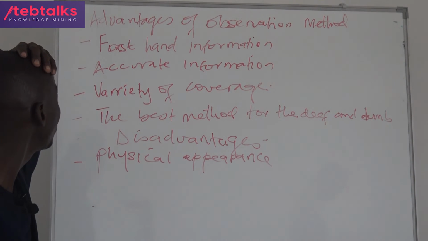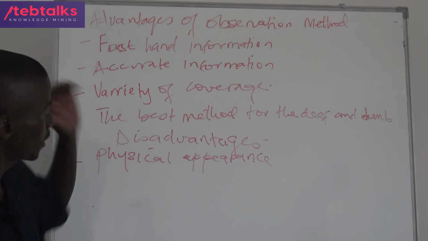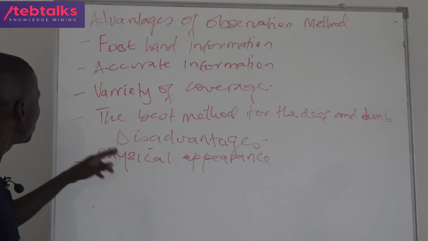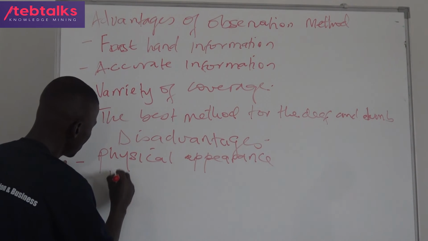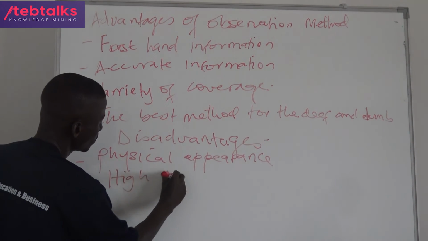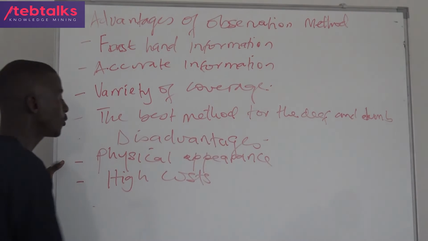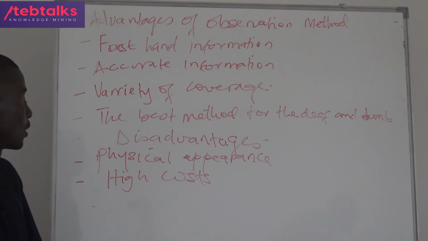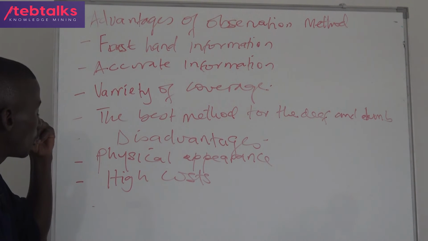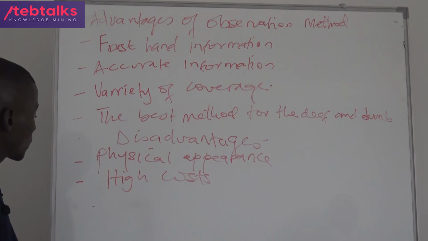So with observation, you have to be there physically. And since you have to be there physically, it is also associated with high costs, because you have to incur money to travel to the area where you're going to conduct field work.